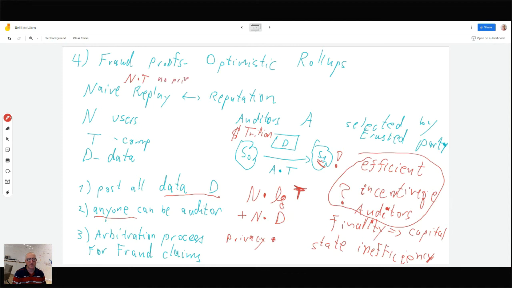So that's really bad. So here we have the same no privacy, but we have slightly better running time for the public. Reputation-based was much better. It was a times t, and you have privacy, which is much better. And here we are somewhere in the middle, but with this unresolved question of the capital inefficiency and how do you properly incentivize the auditors. So this is the fourth method.